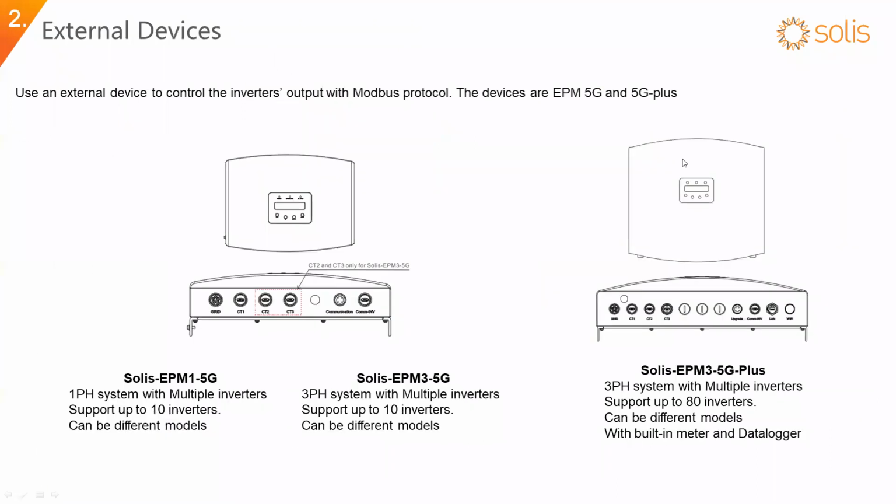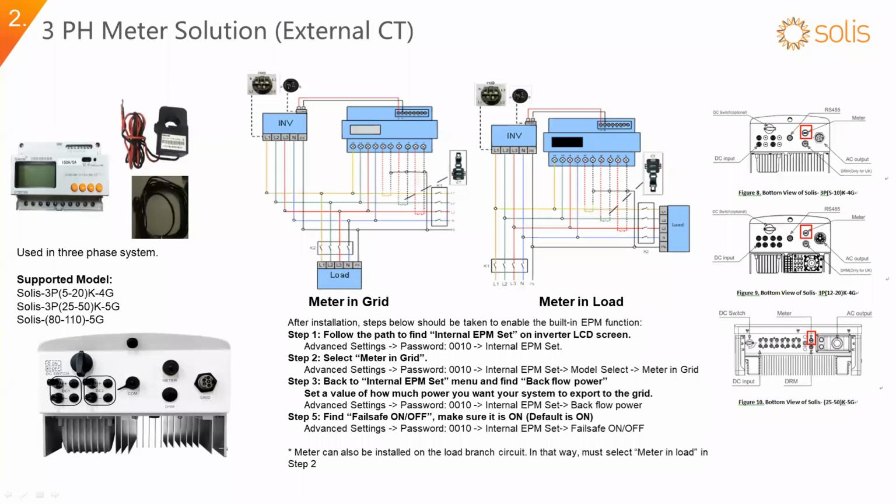And so previously we talked about the built-in solution with either CT or meter. Those we call built-in solution because all the control is done by the inverter itself. The meter and the CT only provide the data to the inverter. And now we will talk about the external solution with external devices.